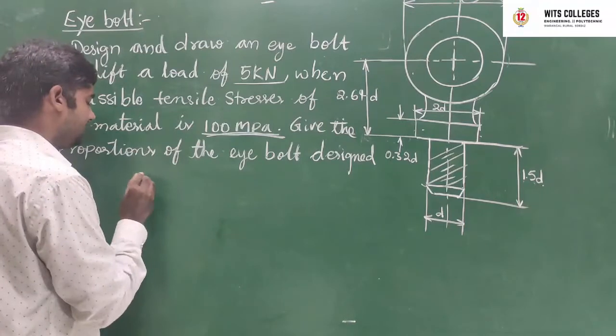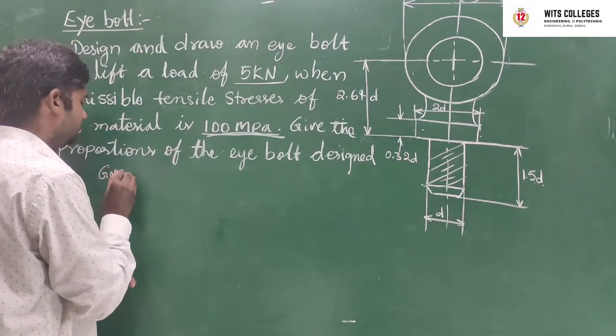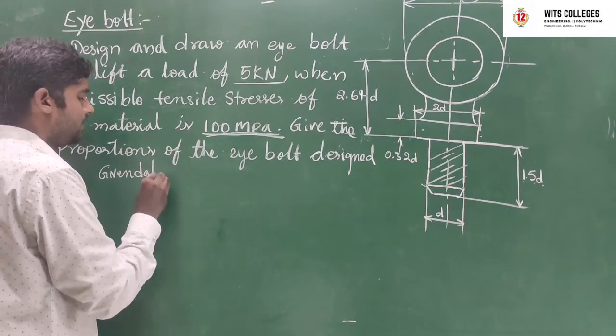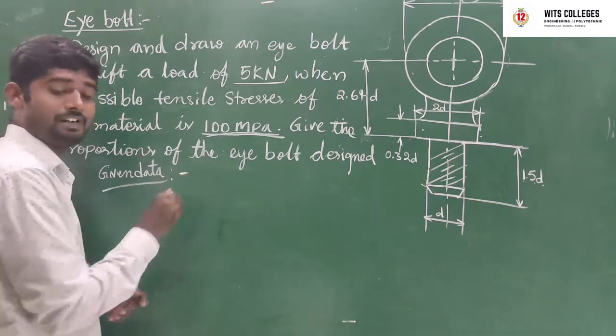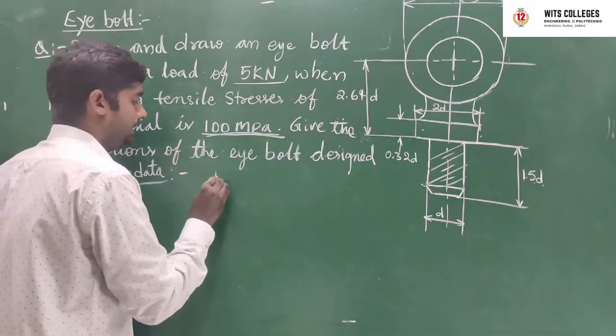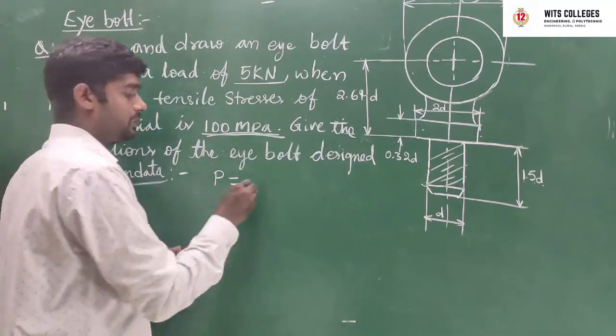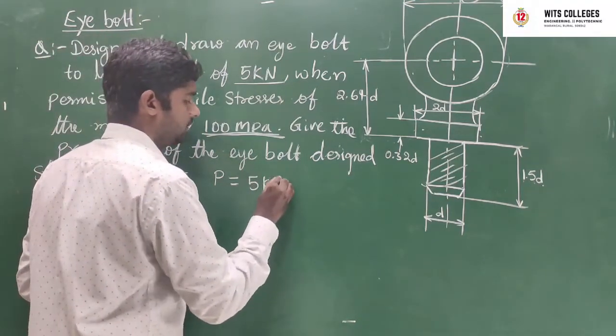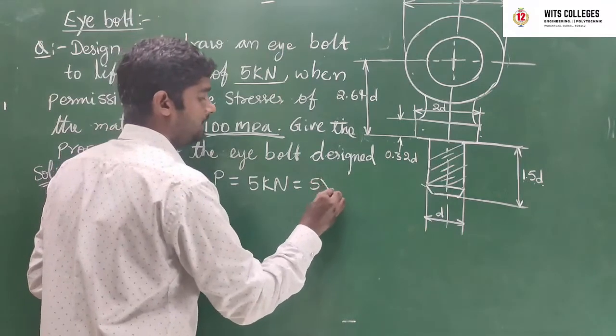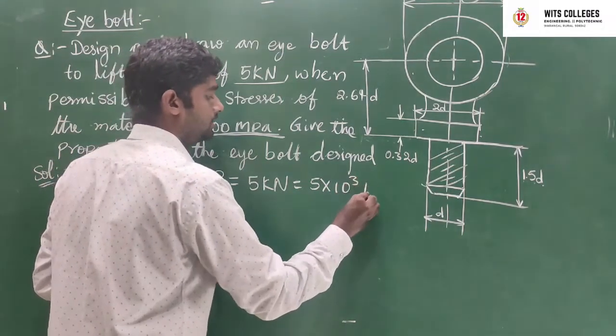Let's write down the given data. Load P is equal to 5 kilonewtons, which is 5 into 10 to the power of 3 newtons.